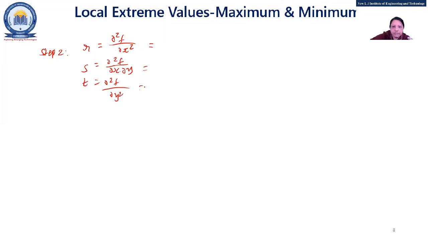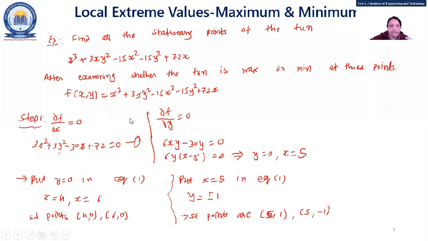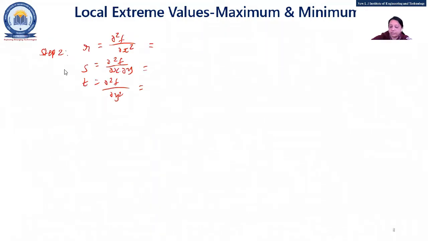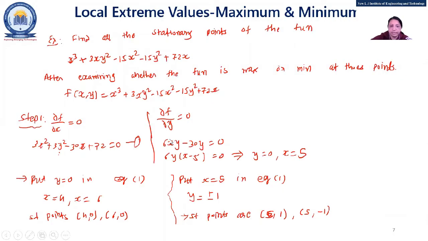From the previous equation, del f by del x, you have to differentiate again with respect to x. So you will get 6x minus 30, correct. What about S? Sorry, 6xy minus 30y. So what is S?